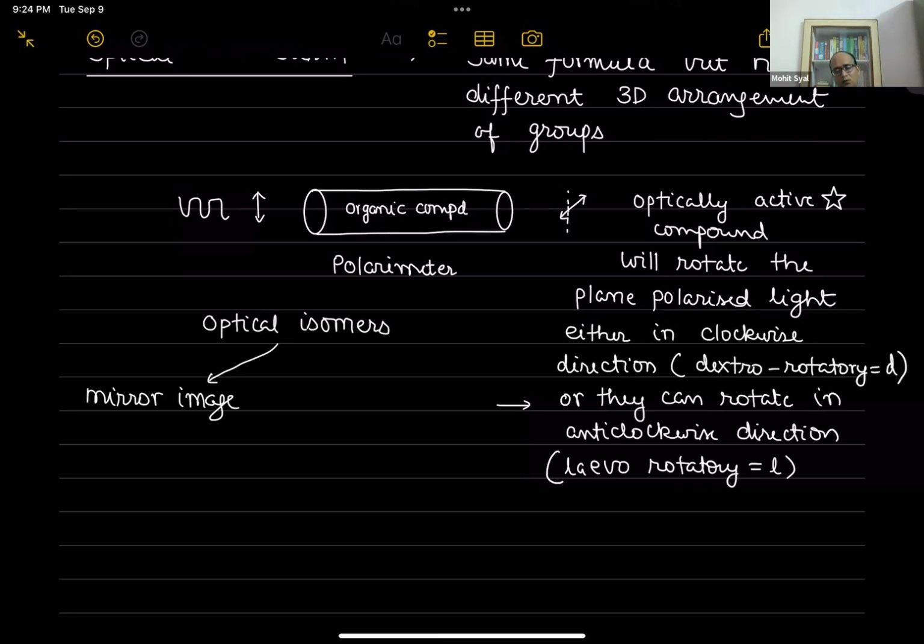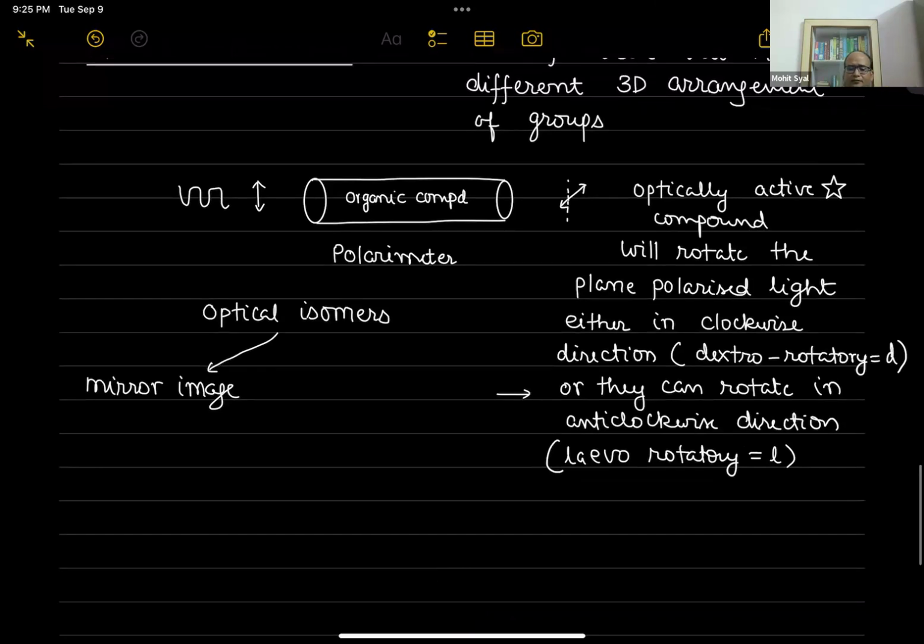Optically inactive compounds are those compounds which do not rotate plane polarized light. Got it? So when they are put through the polarimeter, the light is passed through that compound and it is going to come out as it is without getting affected.